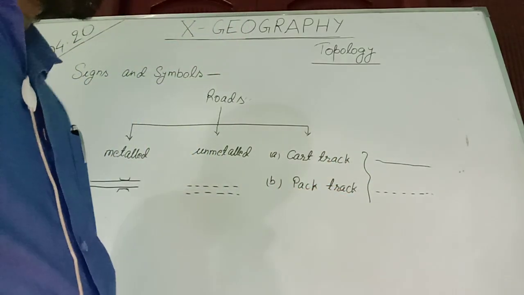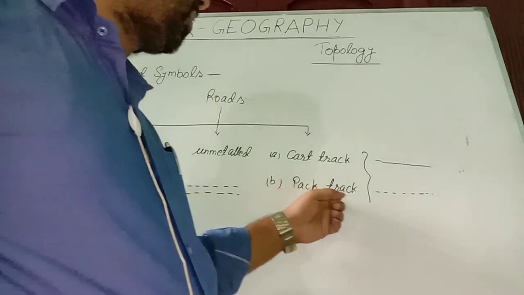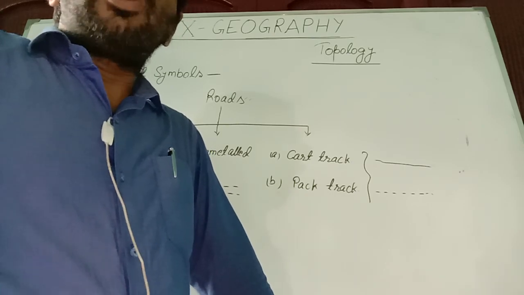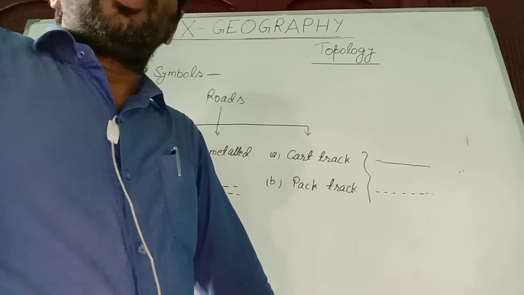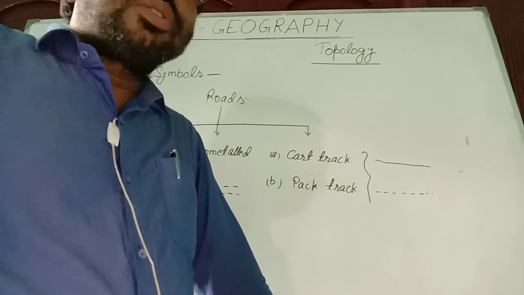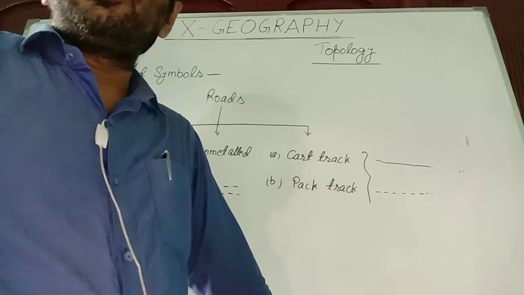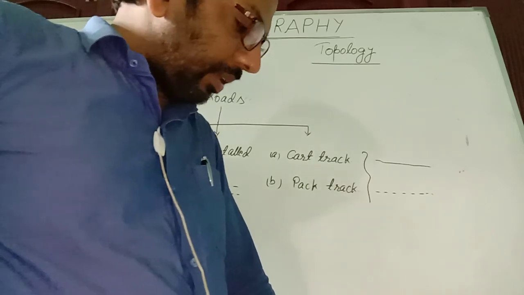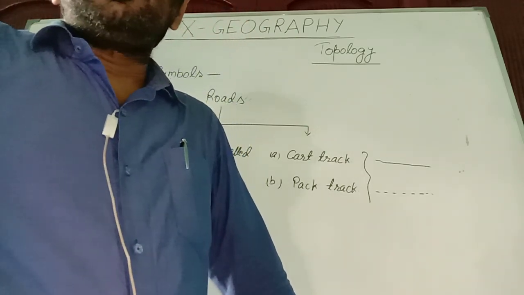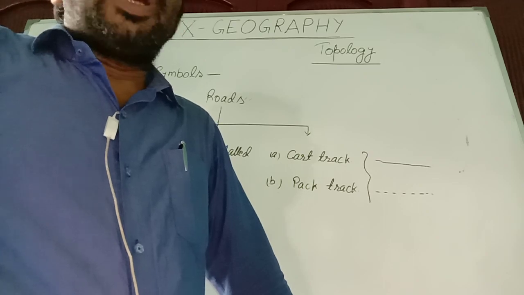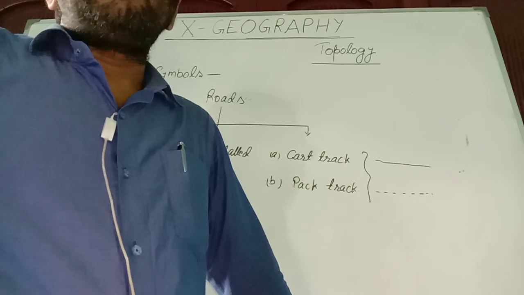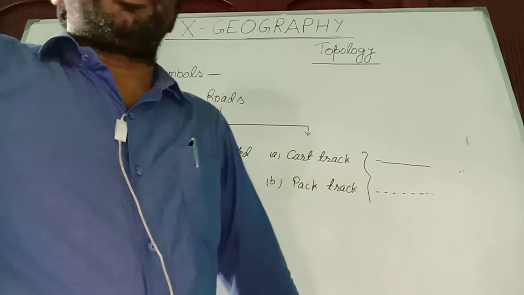Now, pack track. It is very important to understand the meaning of pack track. The meaning of pack track is an automatically made road that is used by animals or by human beings in rural areas. I want to say, when animals or human beings walk the same way through a long period of time, then automatically a road is prepared.